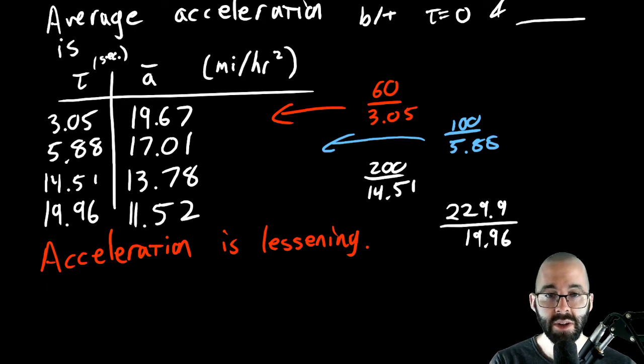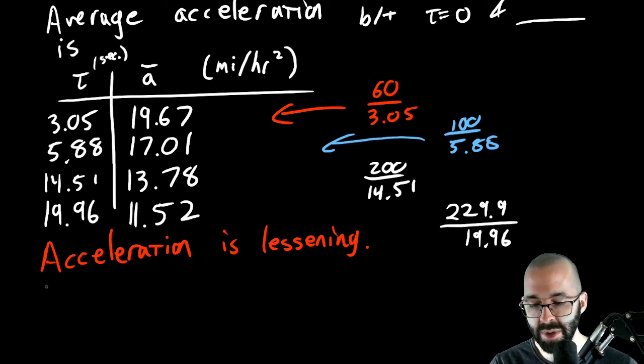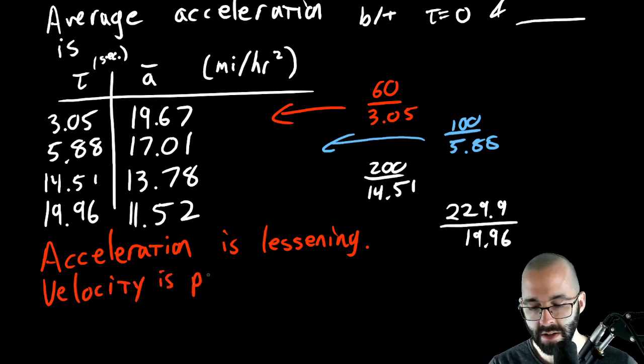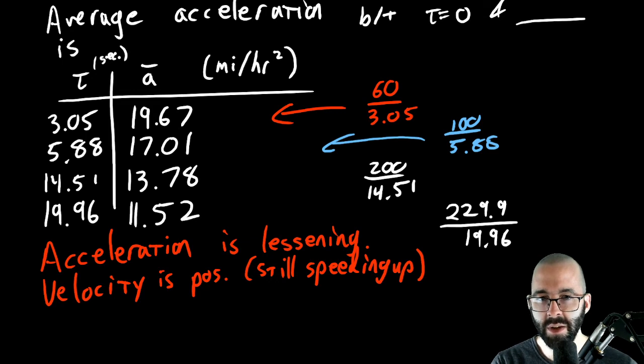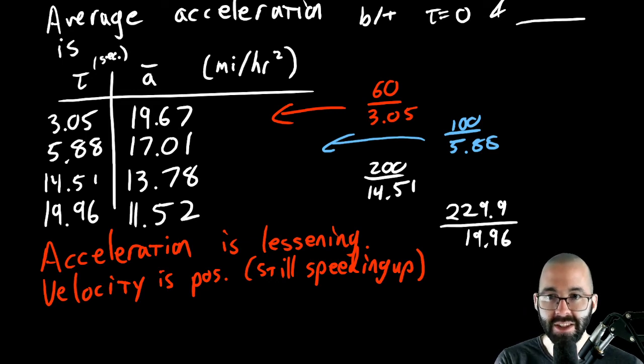Now, the velocity is still positive, right? It's still speeding up. But the speeding up is slowing down. It's a funny way of saying it, but it's 100% true. It's still speeding up, but the rate of speeding up is slowing down.